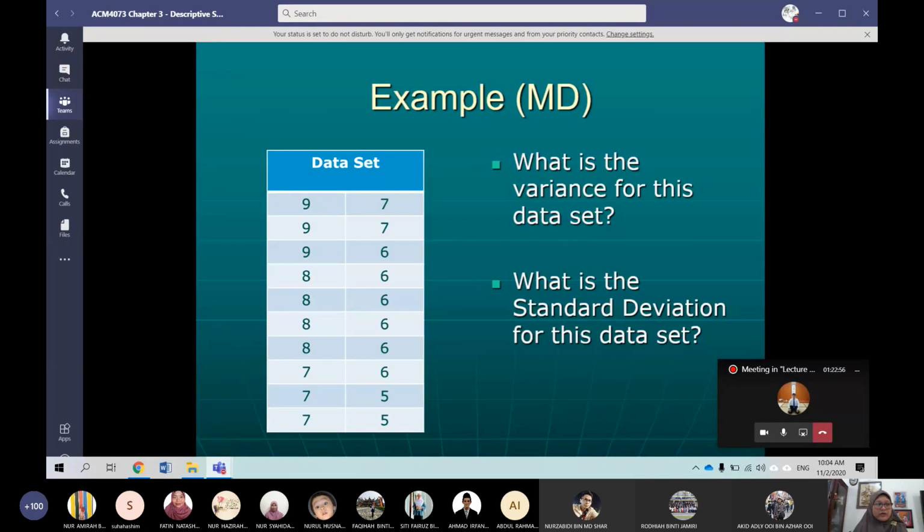Altogether is 140. Then we divide 140 by 20 because there are 20 respondents. The mean is 7.